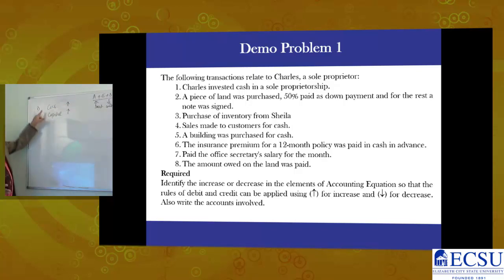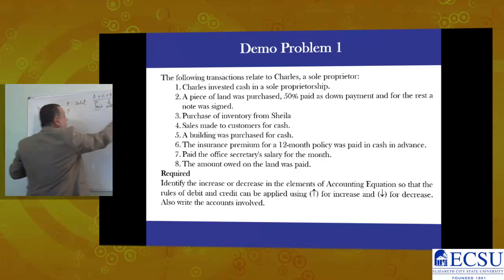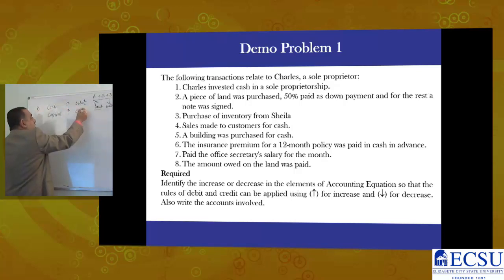Okay, so cash is increased, so therefore using this rule I'm going to debit it, and capital is increasing owner's equity. So using this rule, I'm going to credit it with the amount of money that has been invested.